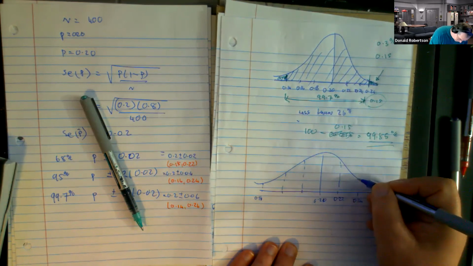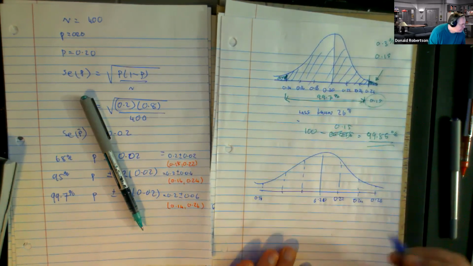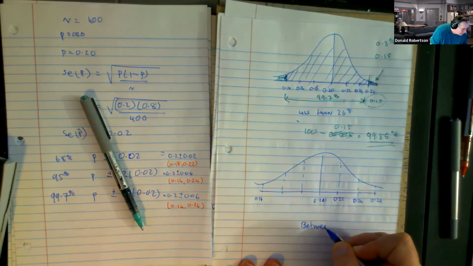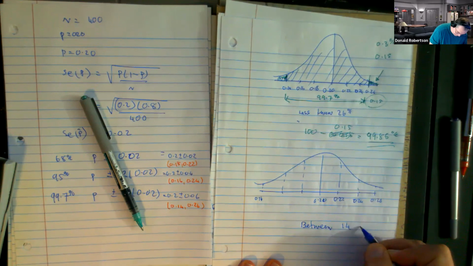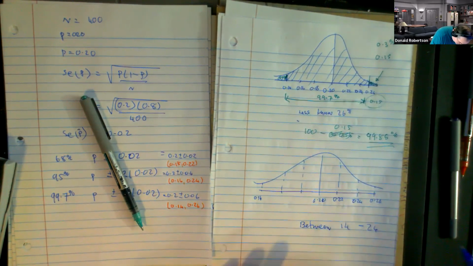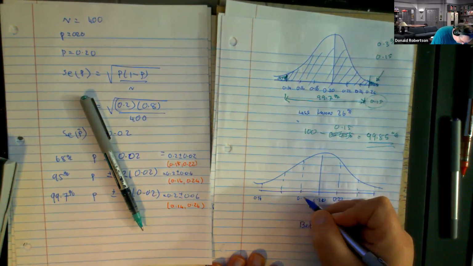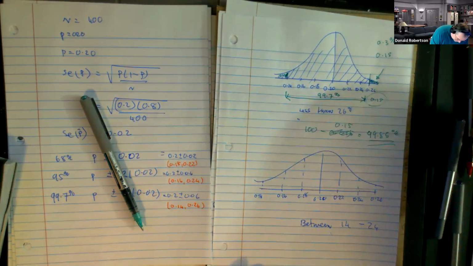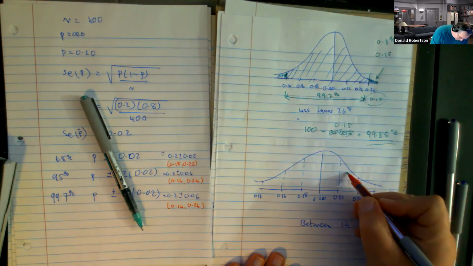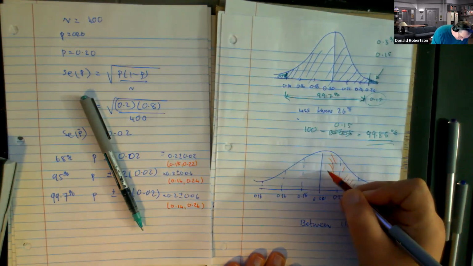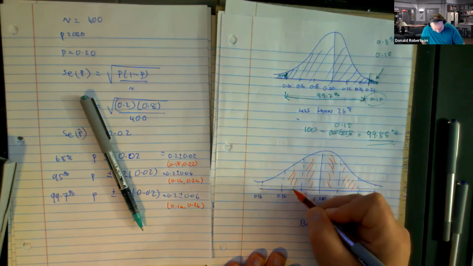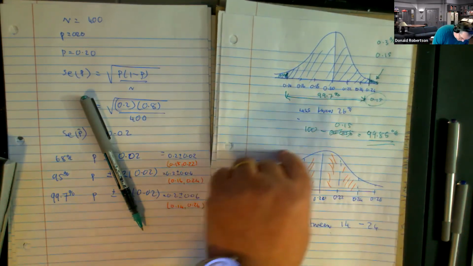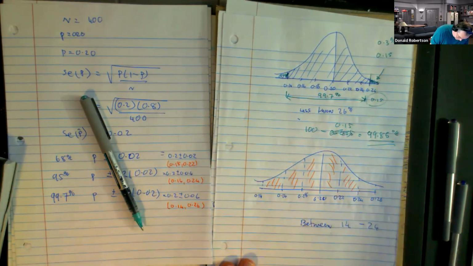My little dotted lines going in here. And we want to know between 14 to 24%. So I want this piece, this piece, this piece, this piece, and this piece. And I need to find what all of this is. And that's going to be my answer, right? I need to find out what percentage is from here to here.